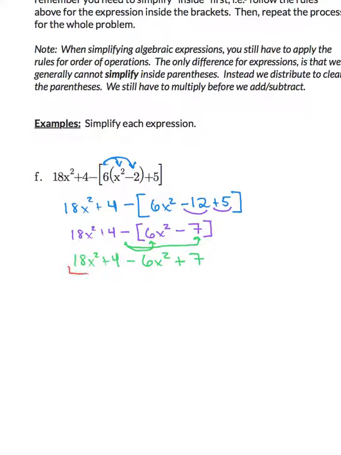We can combine 18x squared and negative 6x squared. Different signs, we want to subtract. Keep the sign of the larger number, we get 12x squared. And we can also combine our constant terms. We have 4 and 7 combined to give us plus 11. And so that will be our final answer.